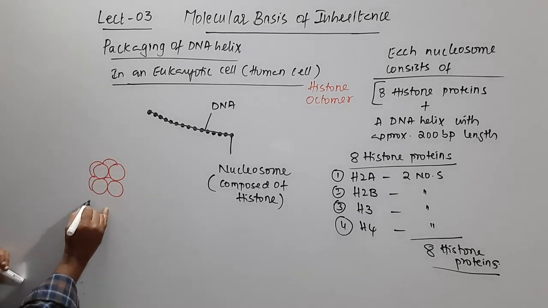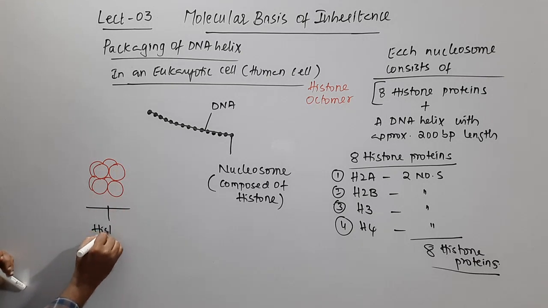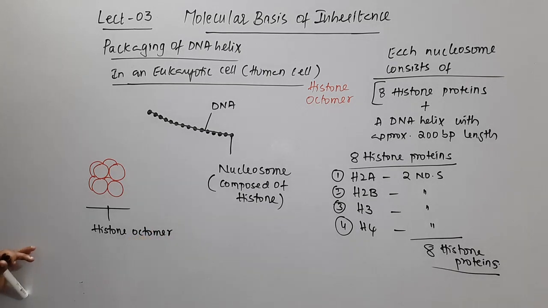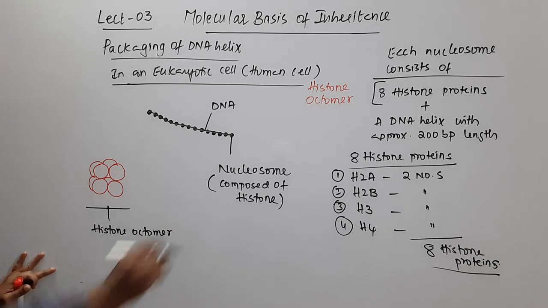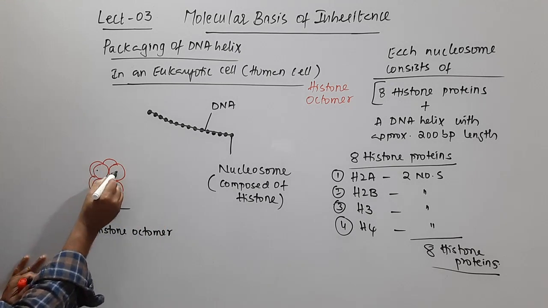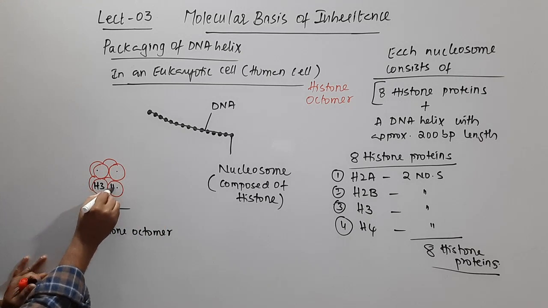That's why it's called a histone octamer. It is made up of 8 molecules.